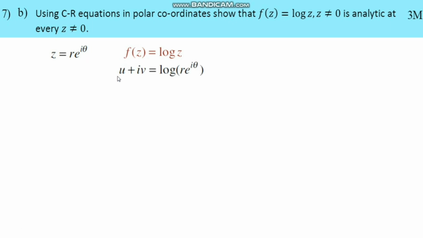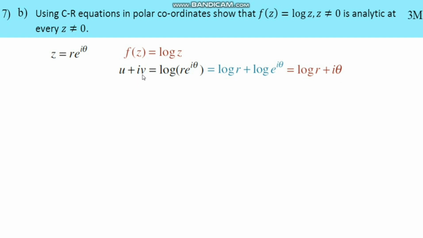For the real and imaginary parts of the function f of z, u plus iv equals log of r e power i theta. We know that log ab equals log a plus log b, so that equals log r plus log e power i theta, which is just i theta.